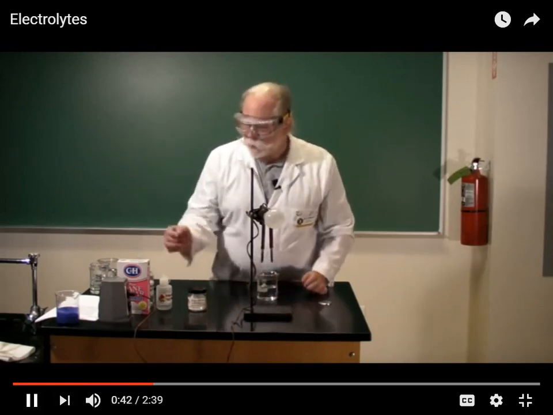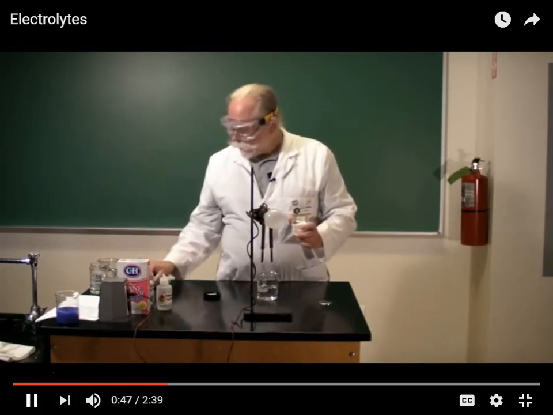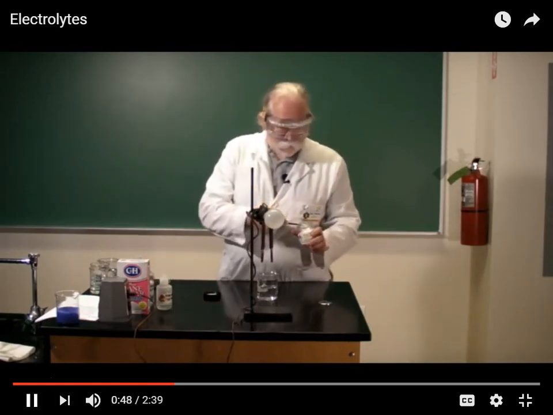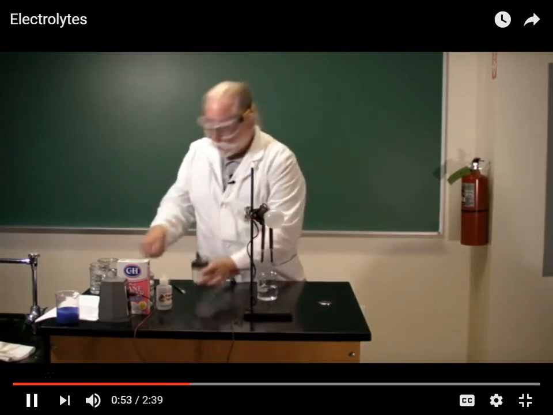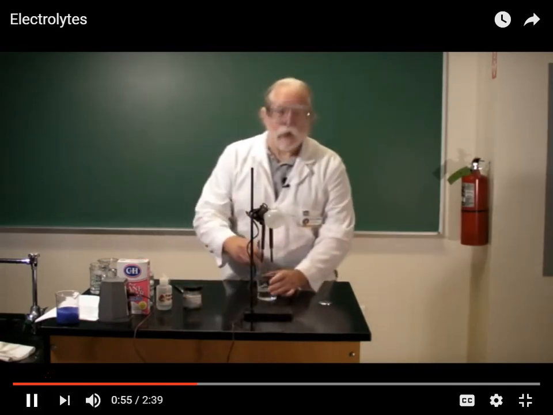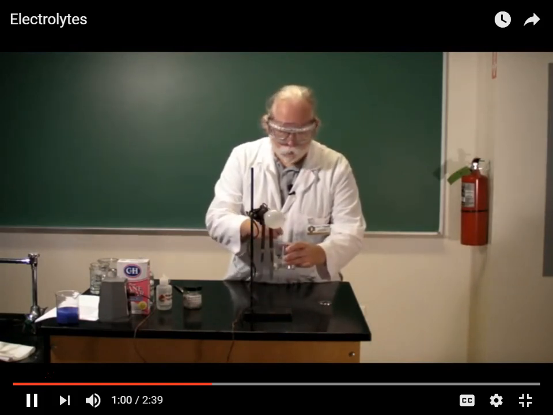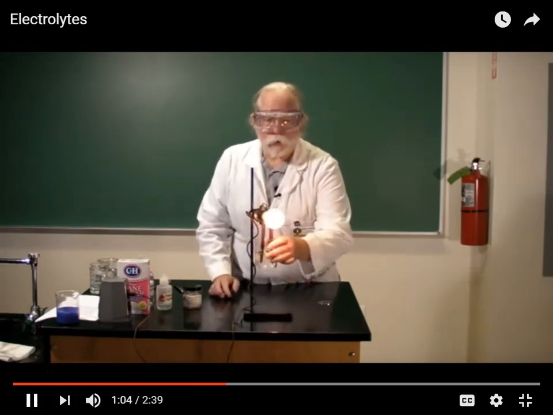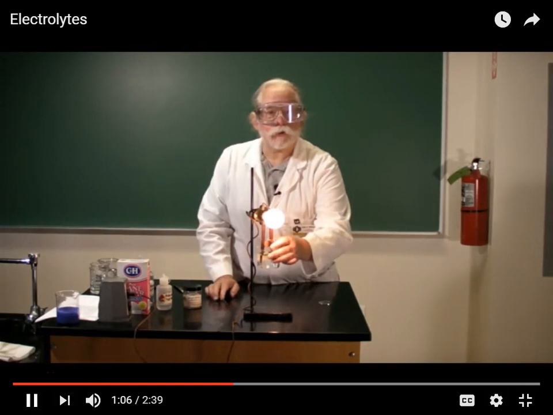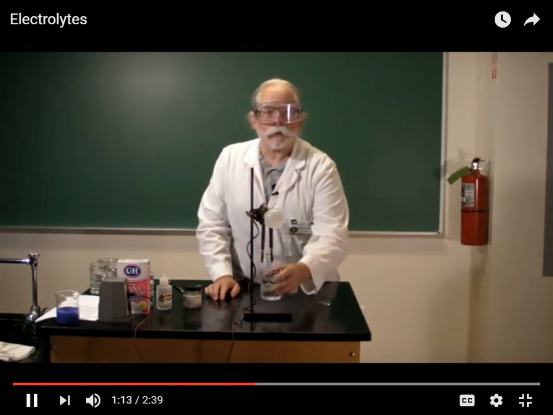As an example, here is a small amount of table salt. I'm going to add just a little bit to the water and stir it up. As it dissolves, the ions of sodium and chlorine, which are charged particles, go into the water, which will now allow the solution to conduct electricity. So the ionic substance, table salt or sodium chloride, is a strong electrolyte.